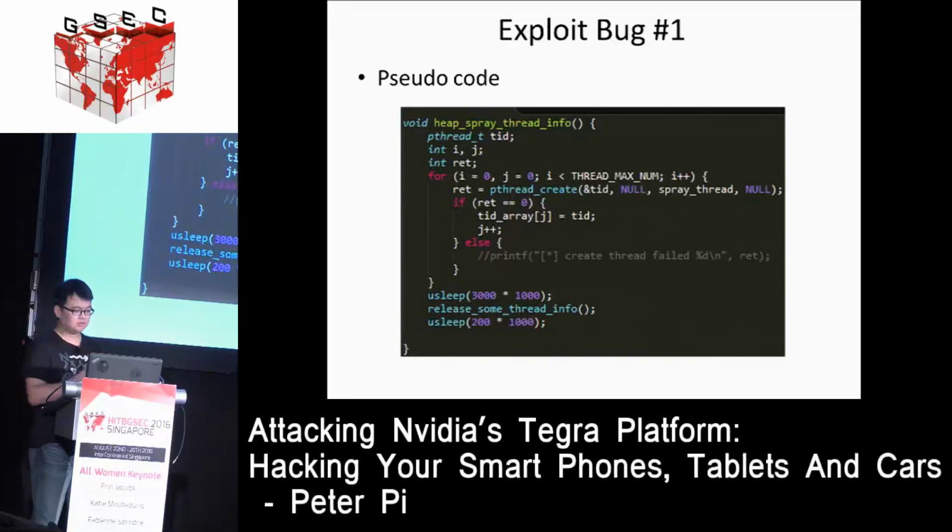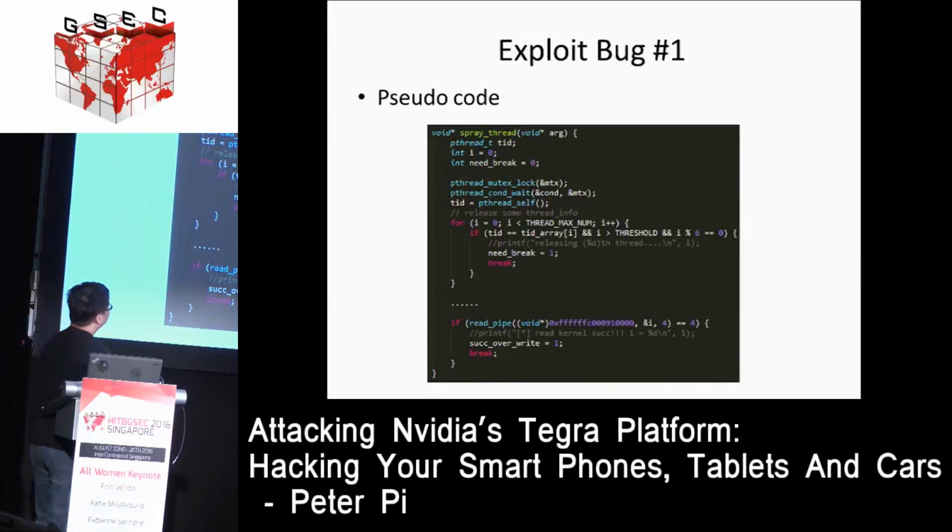We can check the pseudocode. This is the pseudocode. I spray the thread info. You can see I use pthread_create to create many threads, and I save the TID of each thread in the TID array. After these threads are created, I notify each thread to check whether it needs to free itself or not.